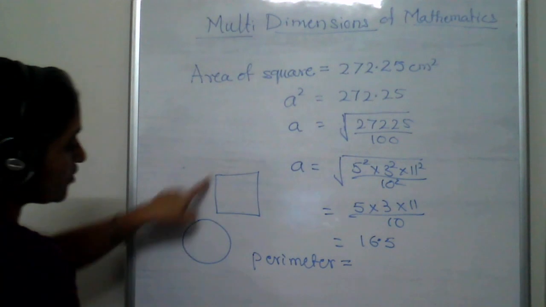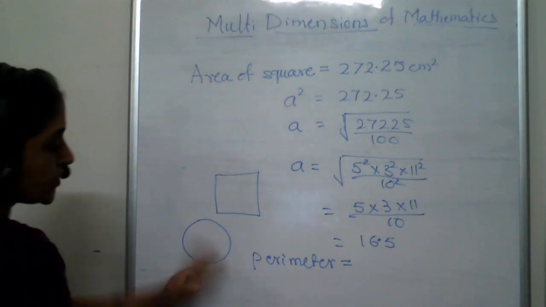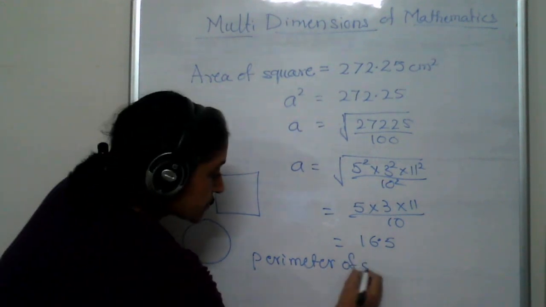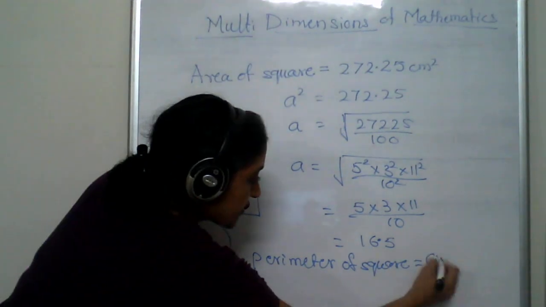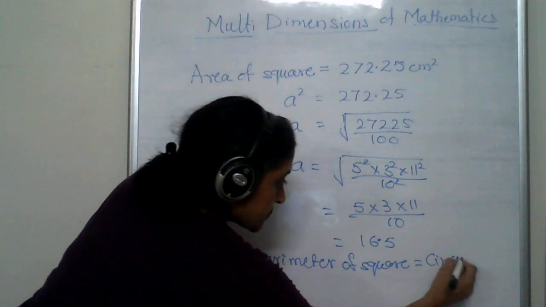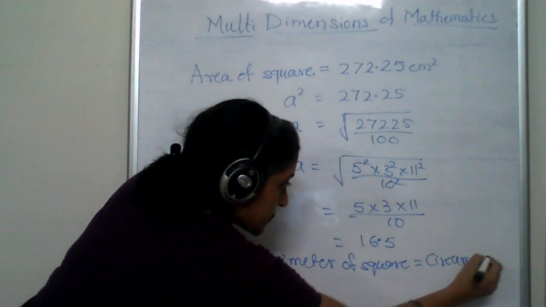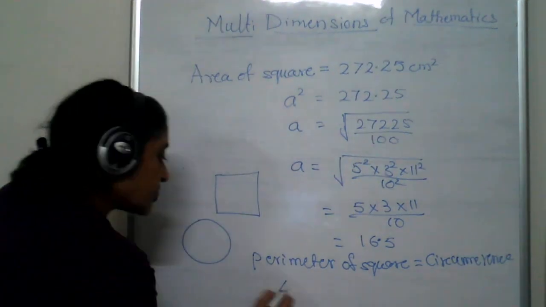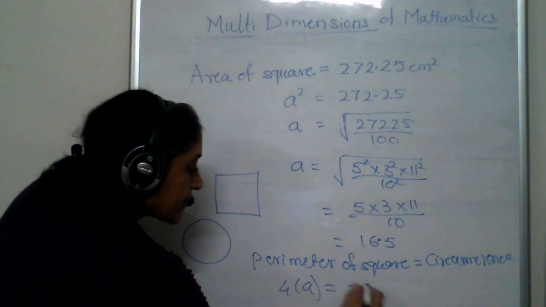So the perimeter of square will be equal to the circumference of the circle. That's what I'm going to use now. Perimeter of square is equal to circumference of circle. So perimeter of square is 4 times A is equal to 2 pi r.